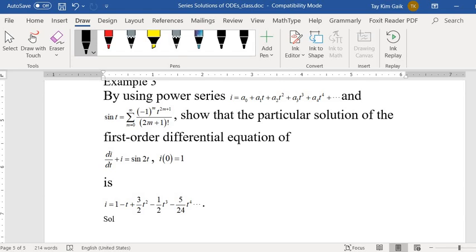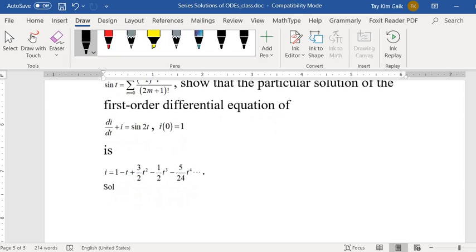I give you the power series expansion for sin, because here sin 2t you have to replace by its power series. They ask you to show that the answer is i equals 1 minus t plus 3 over 2 t squared minus half t cubed minus 5 over 24 t power 4. We just do the first three terms; the other terms you may do by yourself.